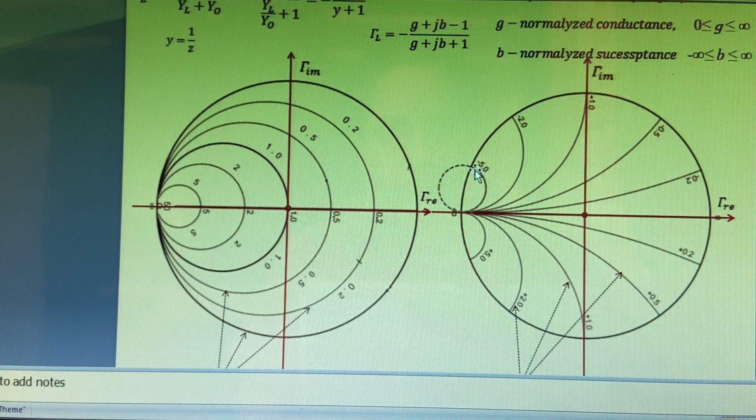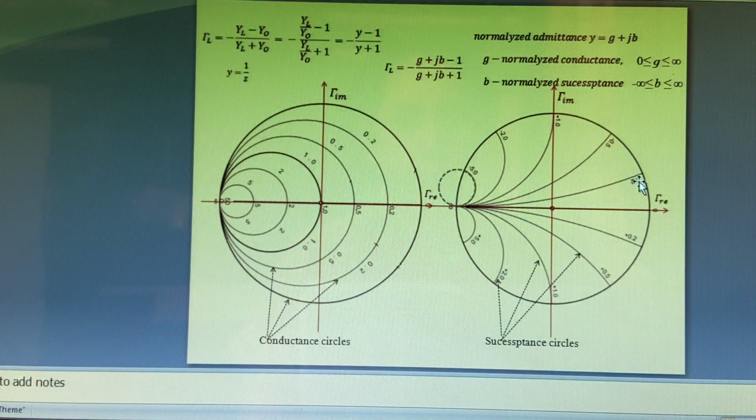This is a circle, and its value, minus 5, is written here. Outside each circle a number is written, and that is the susceptance value. For example, this circle corresponds to minus 0.5. That is how we find the susceptance for a particular circle.